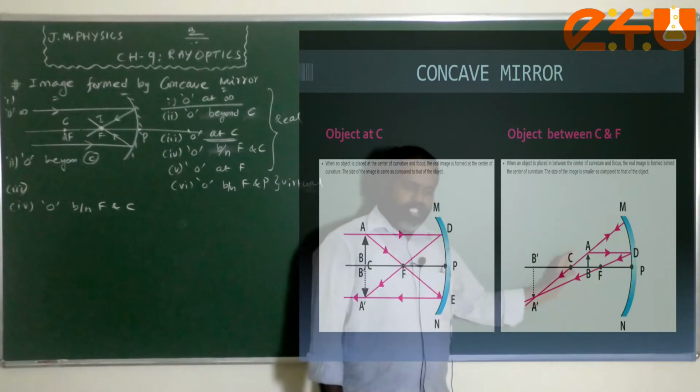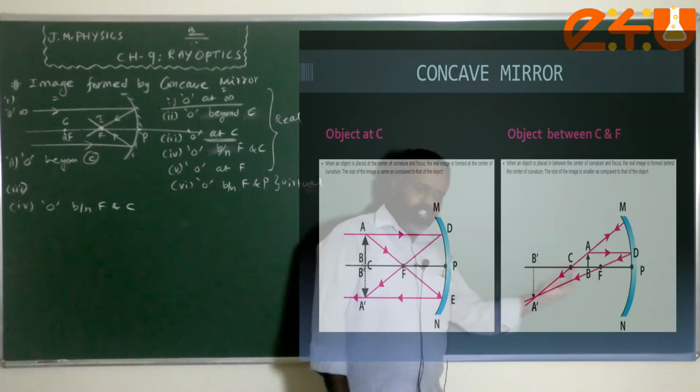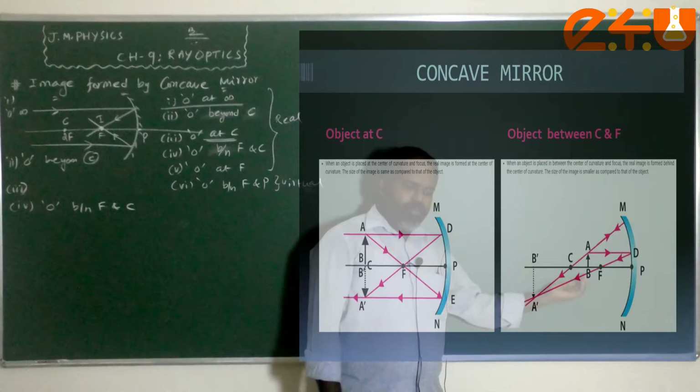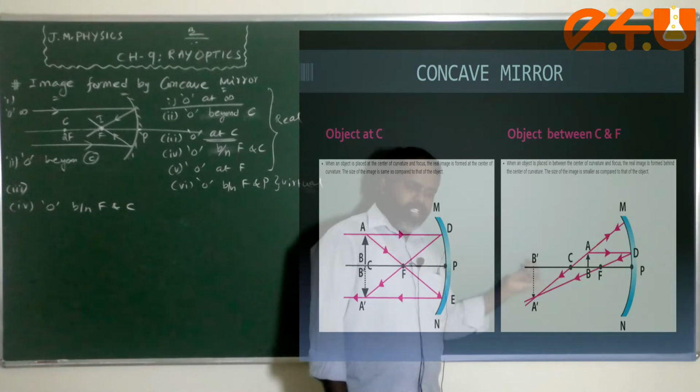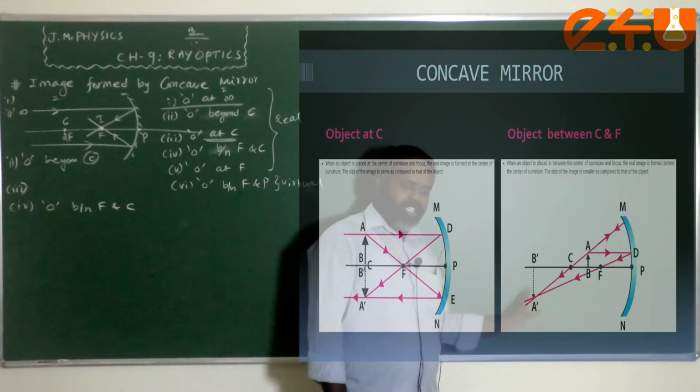So in this case, when the object is between C and F, the image is away from the mirror, since the object approaches the mirror. So the image is formed beyond the C value or beyond the 2F value by increasing its size. Since it is an inverted one, obviously it will be a real image, children.